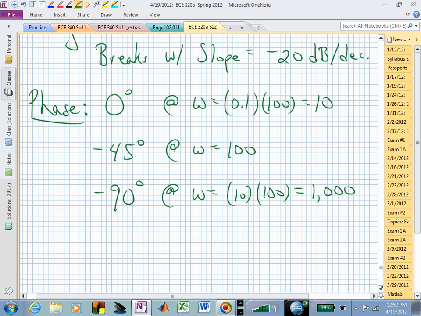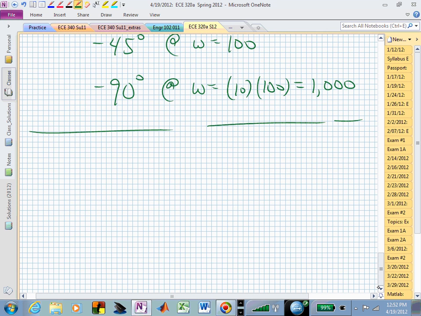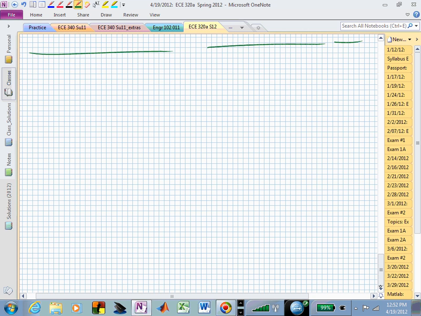That's my word description of this Bode plot sketch that I now want to try to generate. So let's now look at the plots. The first plot that I will do will be our magnitude. Here's my axis. Let me say this is now 10 to the minus 3.